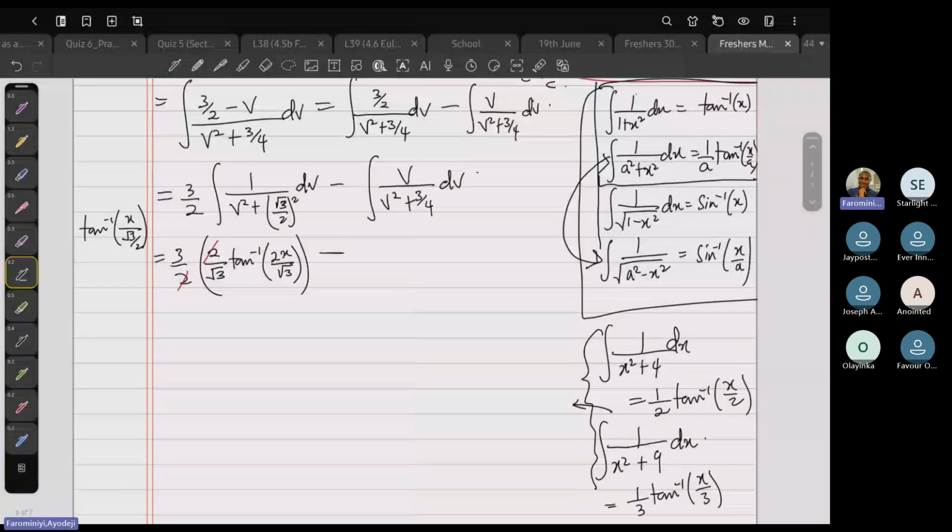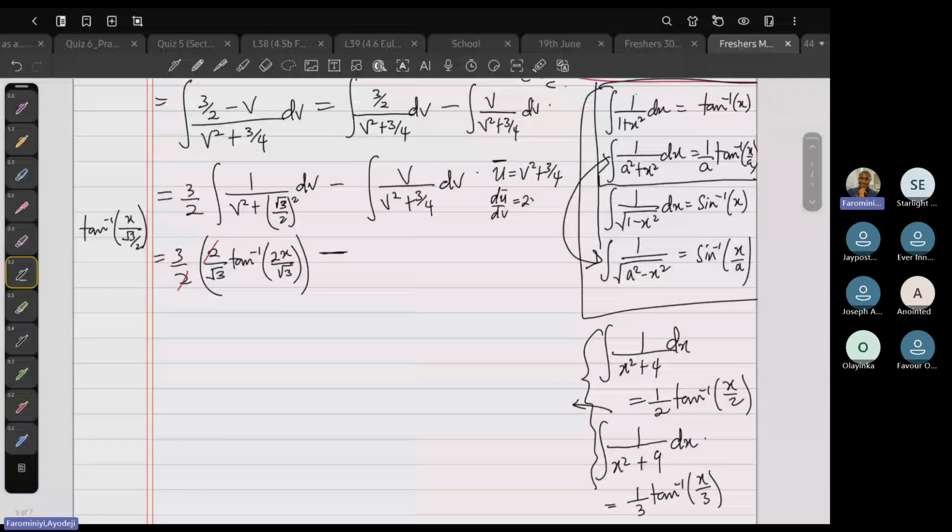The other side, we cannot use that same thing because what is on top is not 1. But it's a simple question because we can use u substitution there. Let me say u bar is v squared plus 3 over 4, then it means the du bar over dv is equal to 2v. So how do I know I can use u substitution? Because I know that if I differentiate that denominator, I'm going to get a multiple of the numerator.